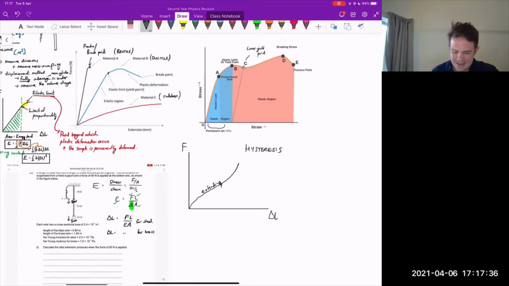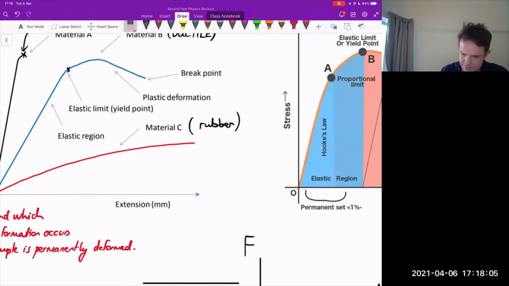When you remove the force or remove the load, it behaves slightly differently. So deloading. Hysteresis is that property where you get a different behavior on extension and on deloading. It's worth being aware of. So this is more classic rubber behavior, hysteresis. That could be rubber, material C, but it certainly does not obey Hooke's law.